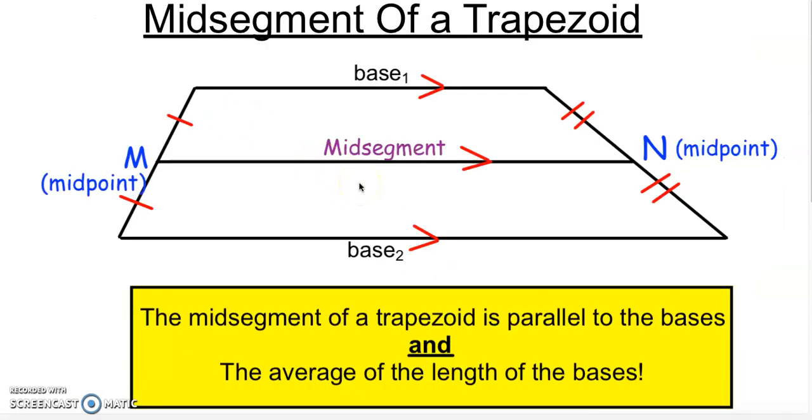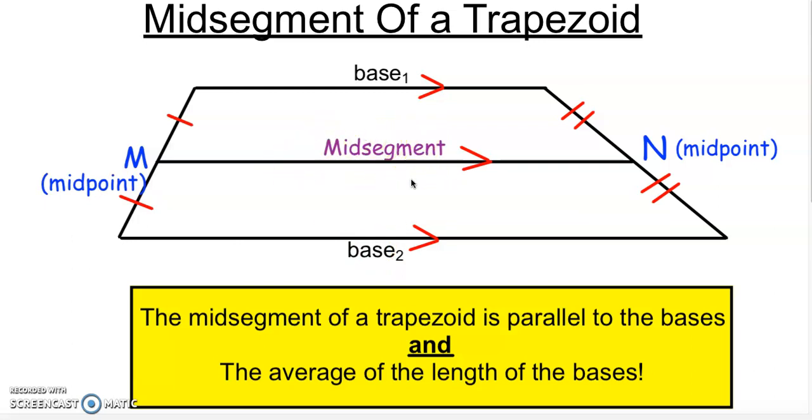All right, another concept from this section is midsegment. Now, if you remember from triangles, triangles had 3 sides, 3 angles, and 3 midsegments because that connected the midpoints of all the sides of a triangle. On a trapezoid, there's only one midsegment, and that midsegment is the average length of the bases. So if I take this base at the top and add to that the base on the bottom, take those two numbers and add them up and divide by 2, that's going to give me the length of the midsegment.